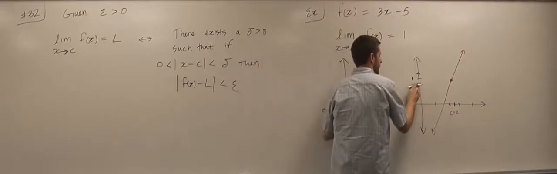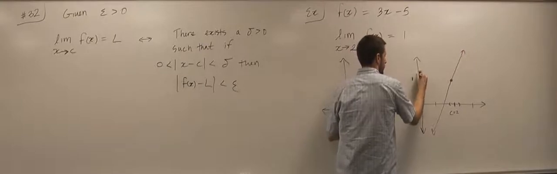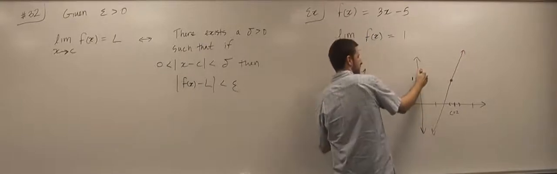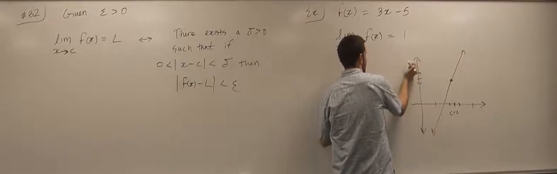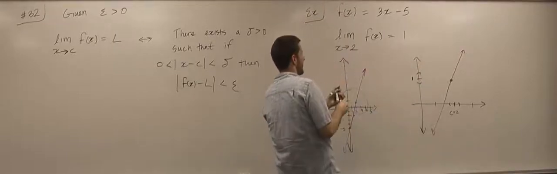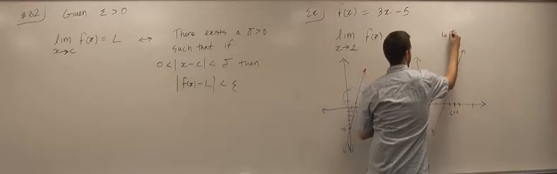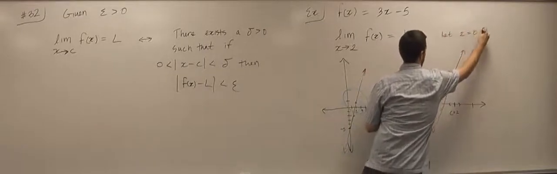So I'm using green actually. So this guy up here is going to be 1.0. Let's not do that. I think I like too hard. Let epsilon equal 0.1, okay?